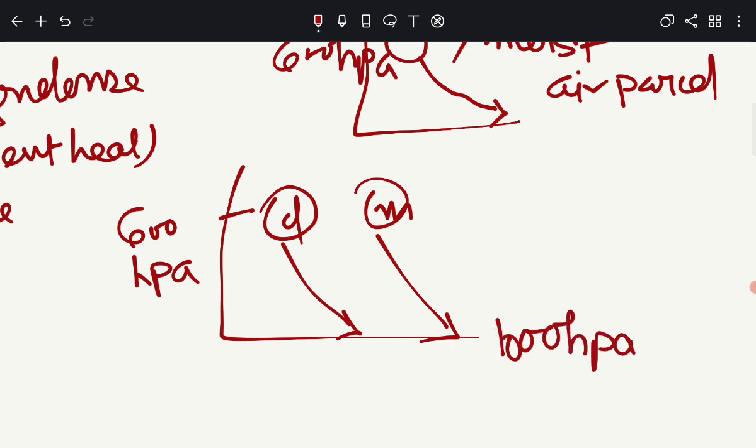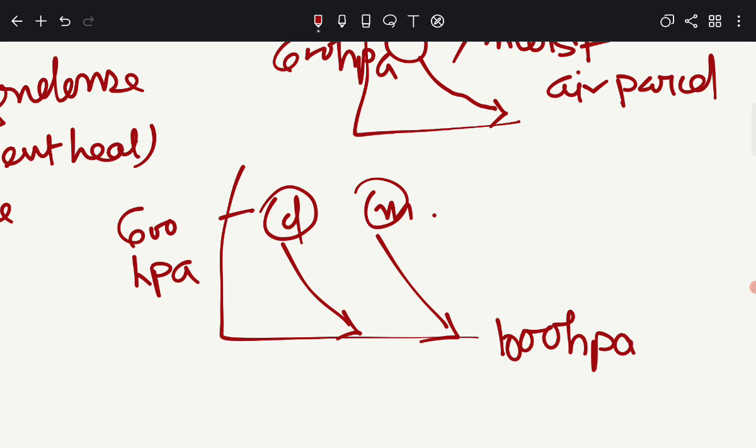Now the question is, is the temperature higher over here? I don't think it's higher. If we have some moisture there, or if it is saturated, things will be different.